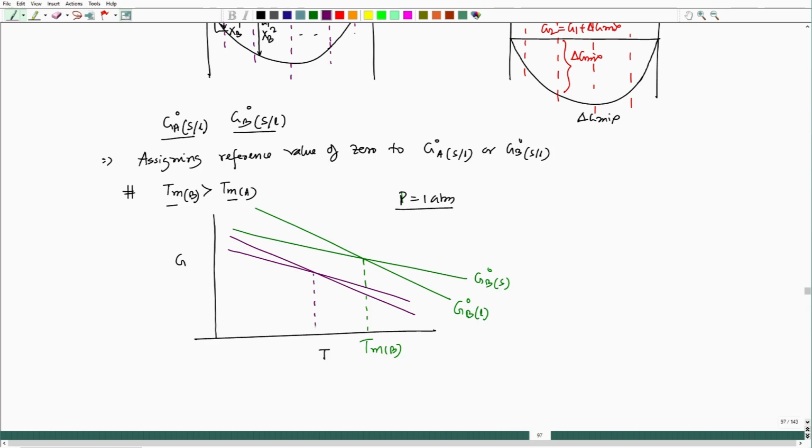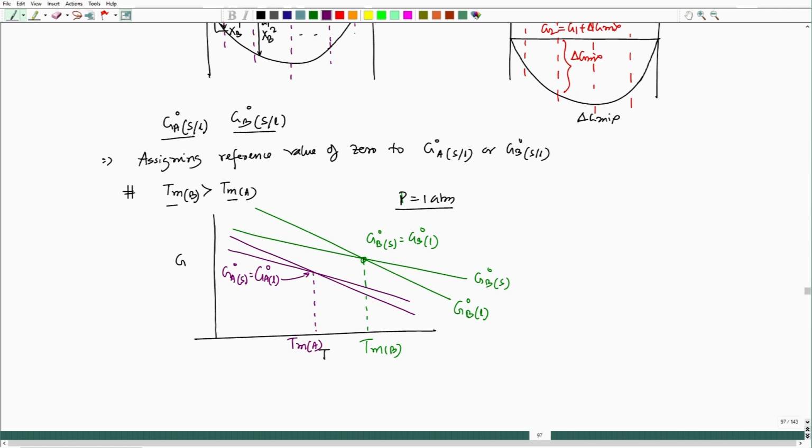This is T_mA, because at this point G_B^0 solid equals G_B^0 liquid, which corresponds to the melting point. A similar situation happens here also, where we can say G_A^0 solid equals G_A^0 liquid. So, this point is my thermodynamic melting point.